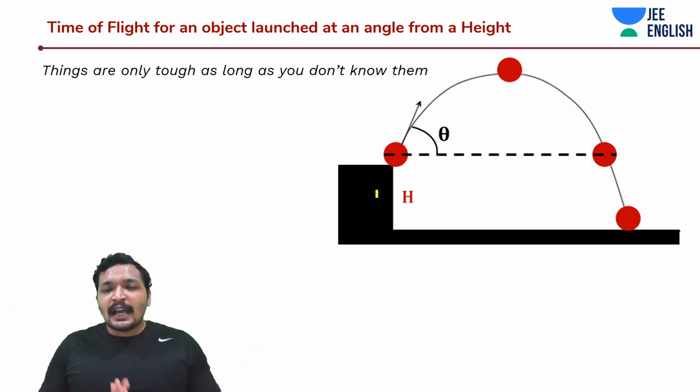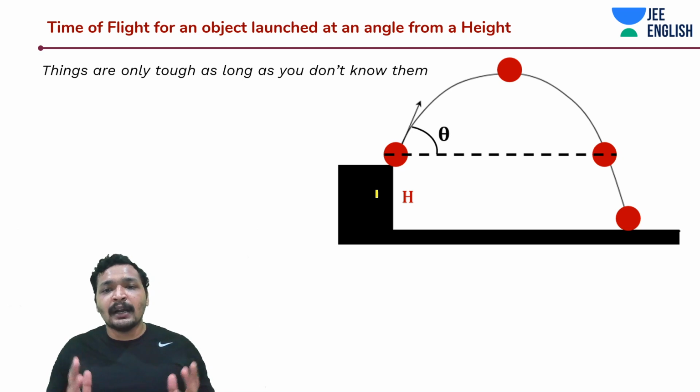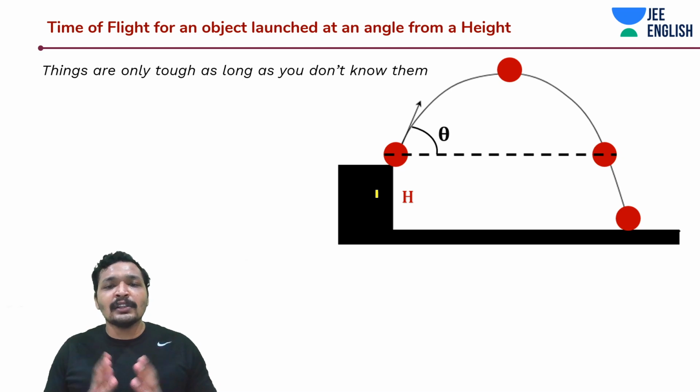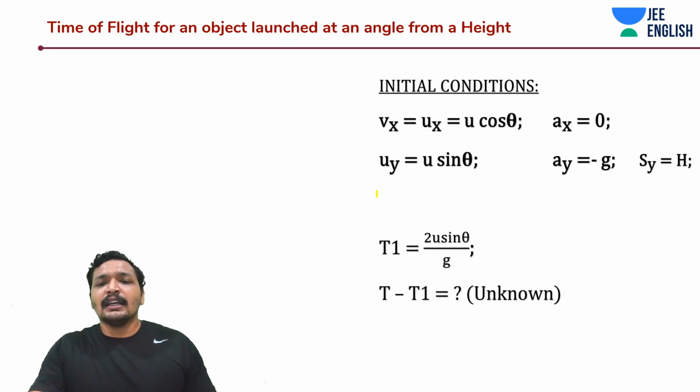Things are only tough as long as you don't know them, but you now know everything, guys. You have learned everything about range, maximum height and time of flight, and you can solve this very easily. It's a very, very easy thing, guys.